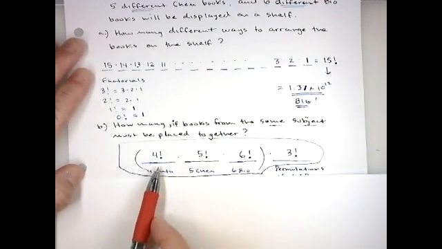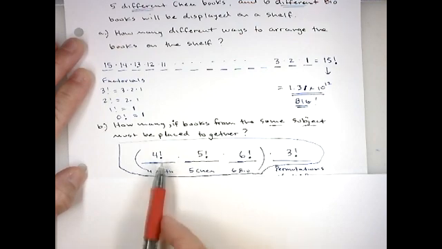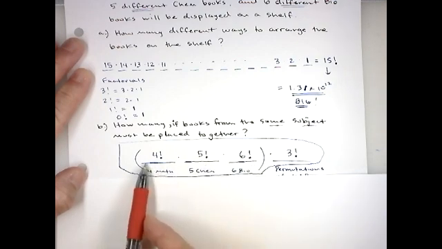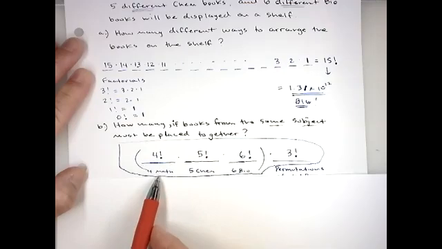Let's say we decide to put the math books on the left end. Let's do math first because math is most important. And then we're going to place our chem books, and then we'll put our bio books. Well, now I'm thinking of the multiplication principle, but I'm going to put one blank for all 4 of those math books because I know there would be 4 factorial ways of arranging those math books, right?